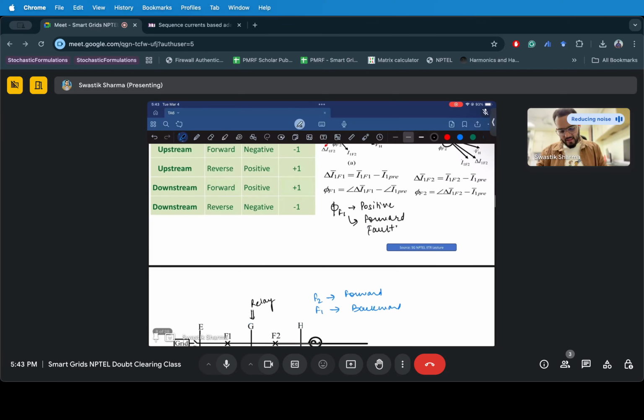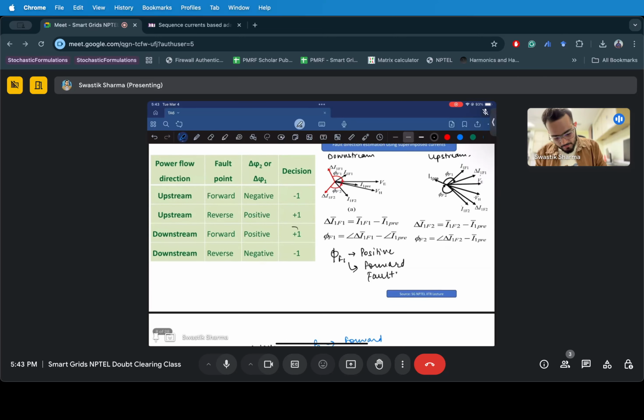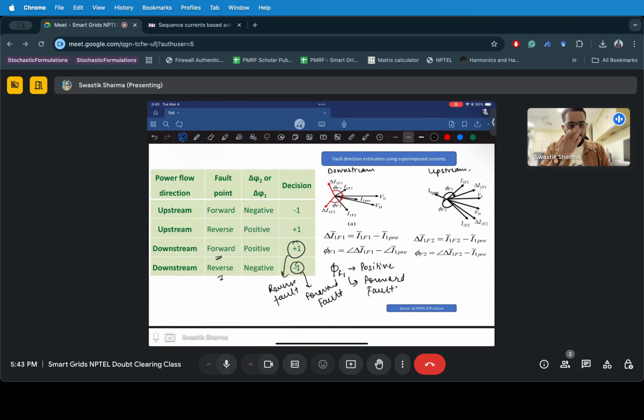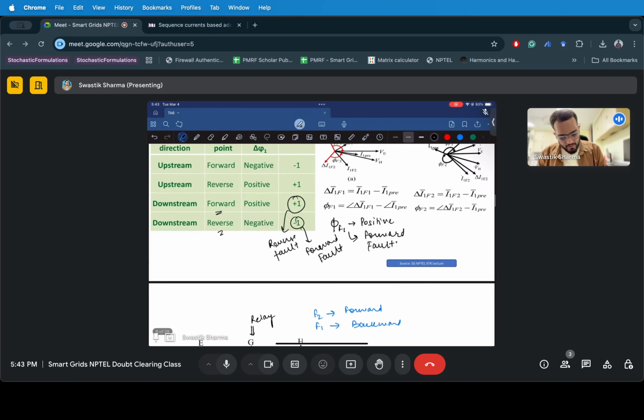So as far as I know, and I've checked, plus 1 is generally considered for a reverse fault, and minus 1 for a forward fault, right? So I need to check if this is correct. Anyways, if the phi f1 is positive, since it's leading, I know that it is to be given a plus 1. That means it's a reverse fault, right?